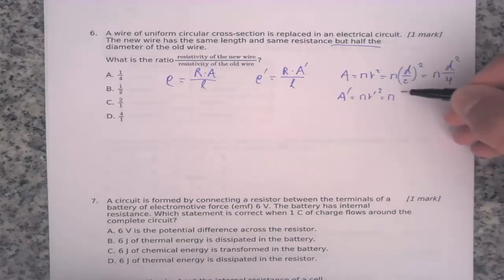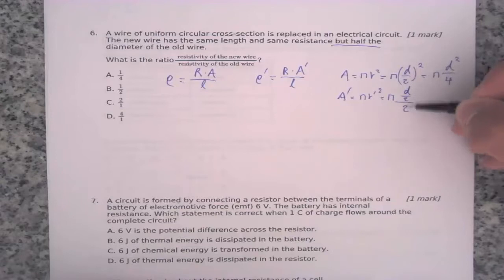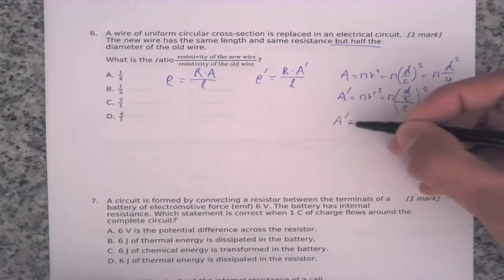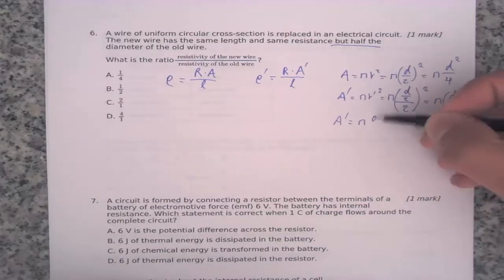Your new diameter is half of the one before, so it's d over 2 over 2, and all of it squared. So this gives you pi times d over 4 squared. So your new area is pi d squared over 16.